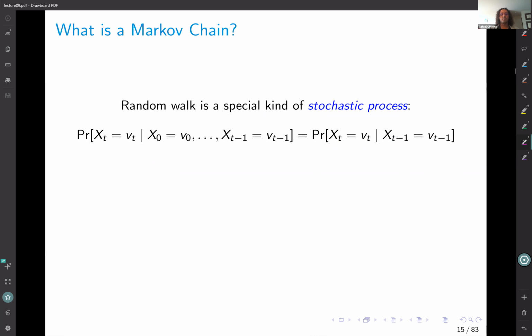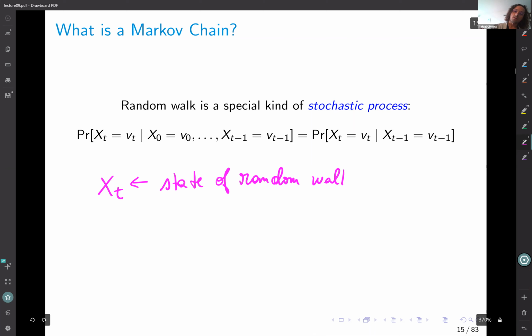Here, if I start at vertex x0, and the variable X_t tells us the state of the random walk at time t, and remember, state here is just a vertex in the graph that I am at.